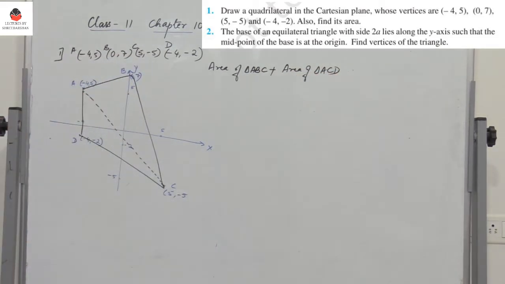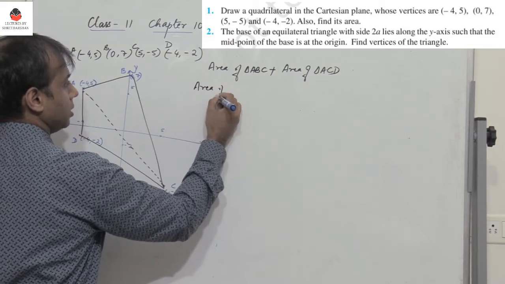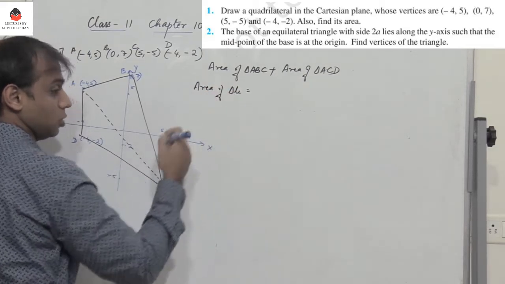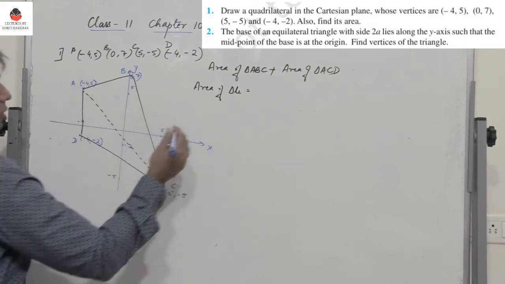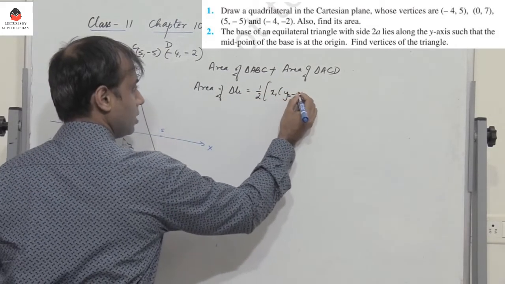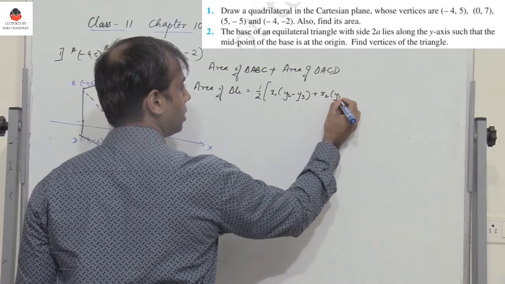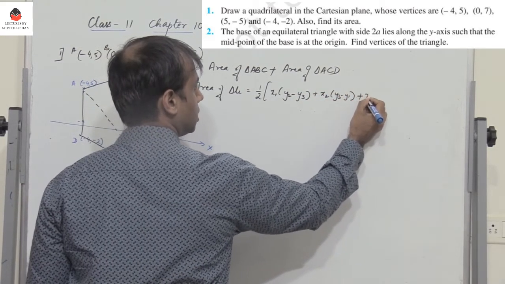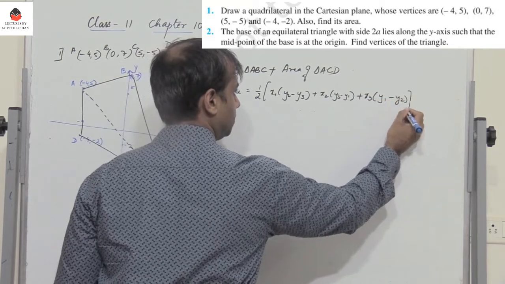And what is the formula? The formula for the area of a triangle, which you have already learned in class 10, is half into x1 into (y2 minus y3) plus x2 into (y3 minus y1) plus x3 into (y1 minus y2).